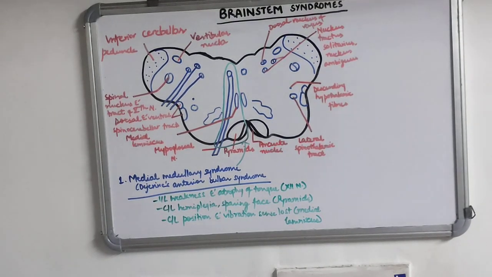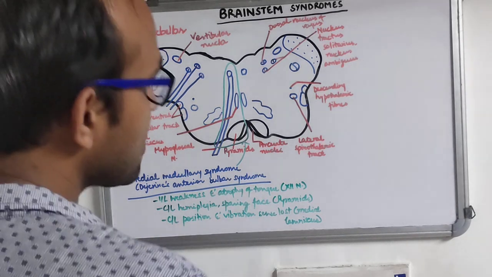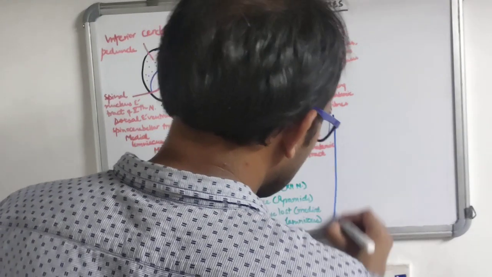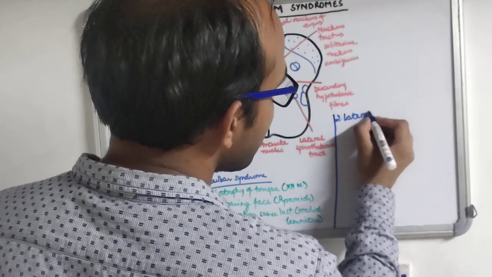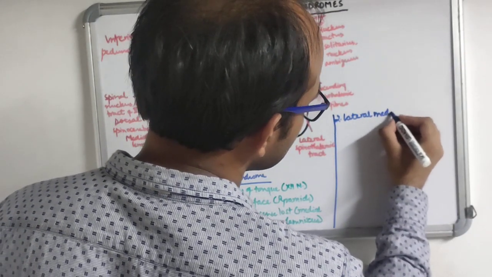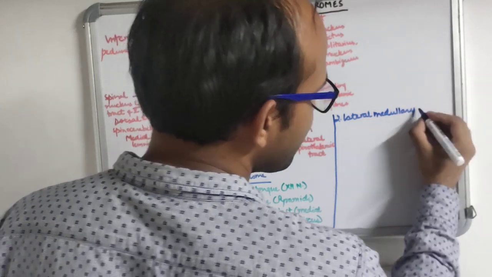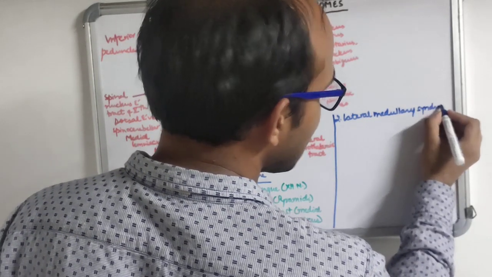So this is all about the medial medullary syndrome. It's quite simple, but when we talk about the lateral medullary syndrome, it is a bit complex. Let's talk about now the lateral medullary syndrome, which is also called Wallenberg syndrome. A very often asked question.